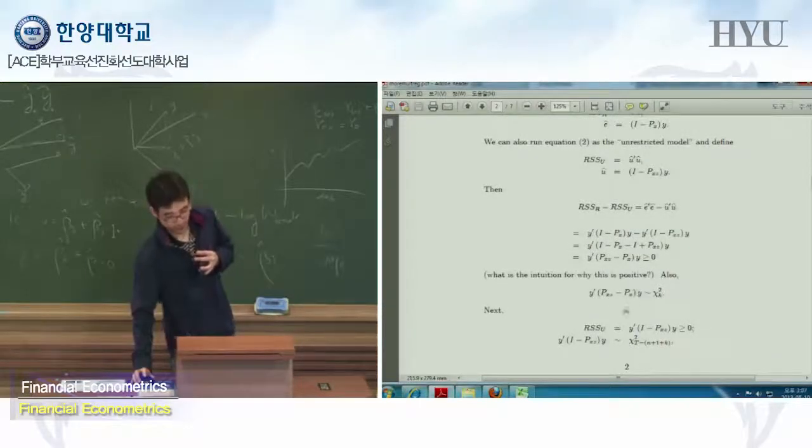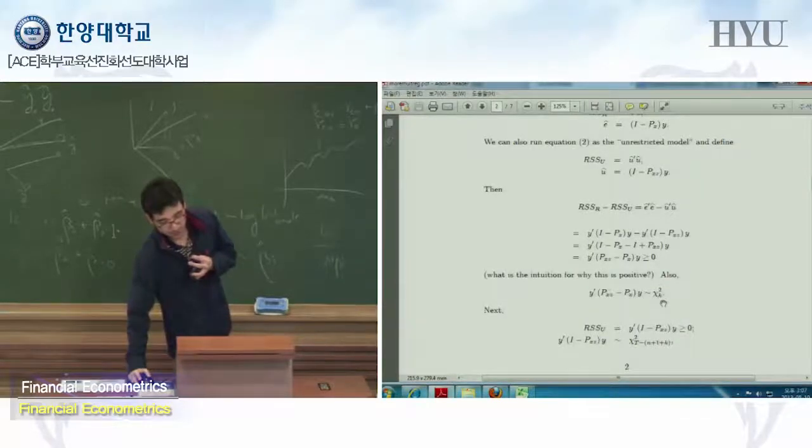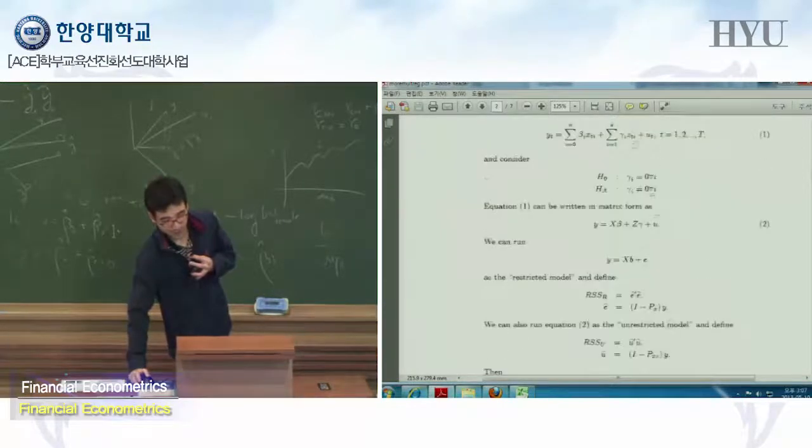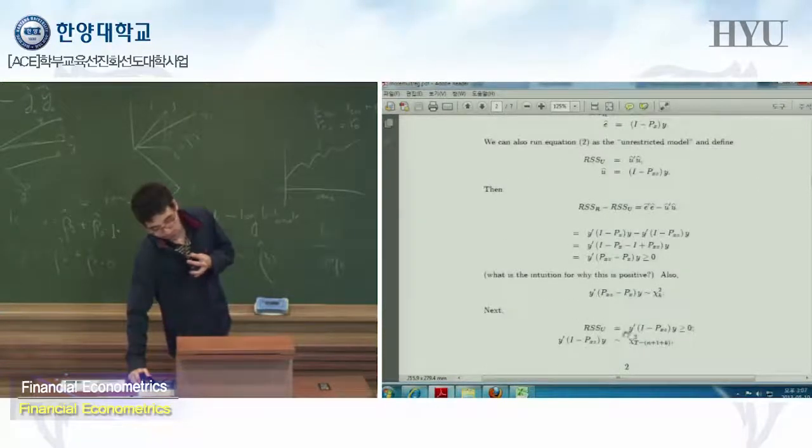Actually, we can prove this, but it's a chi-square distribution with degrees of freedom k, where k is the number of columns in Z. And for the unrestricted regression, y prime (I minus P_xz) y, we know this one has degrees of freedom of T minus N plus 1 plus k in this case.